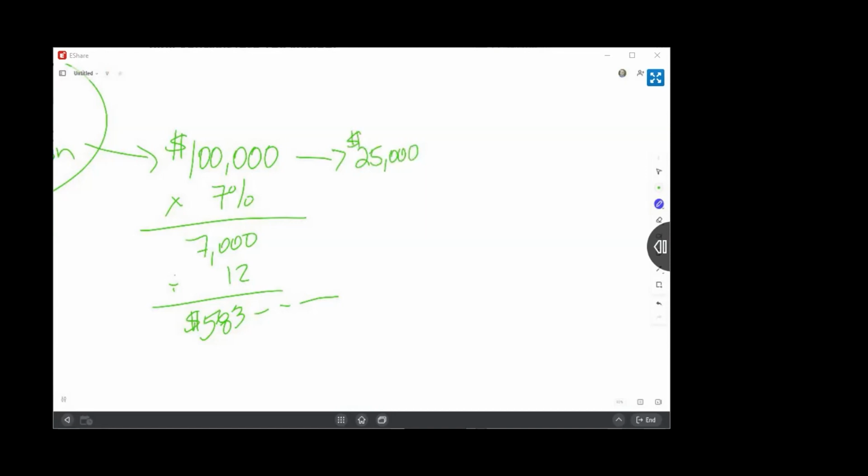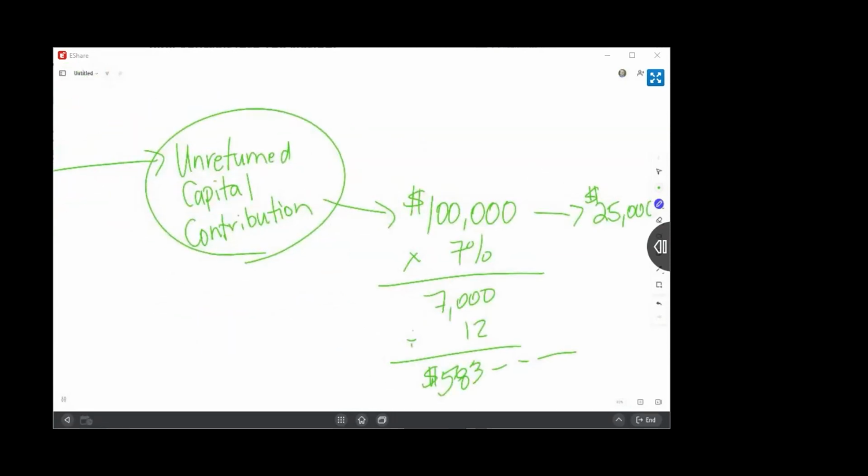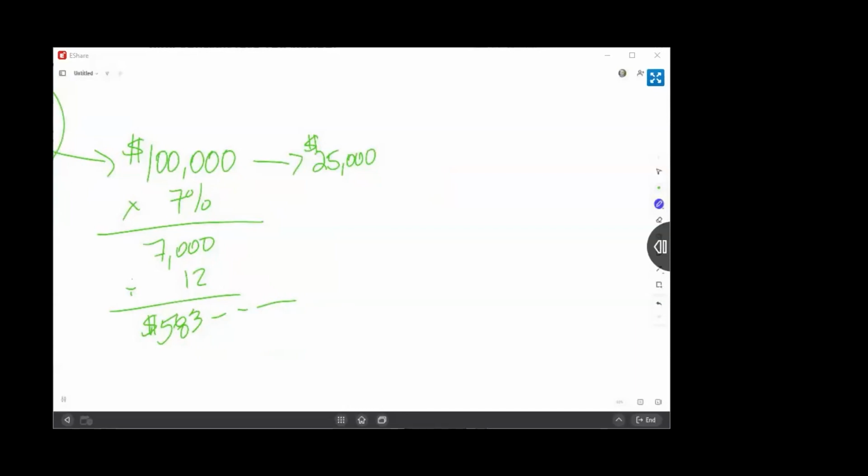So this unreturned capital contribution is also sometimes called the UCC, right? It can also be called the unreturned invested capital or something like that, but unreturned capital contribution is very easy to understand if you understand what those words mean. So let's say you already received $25,000 back.